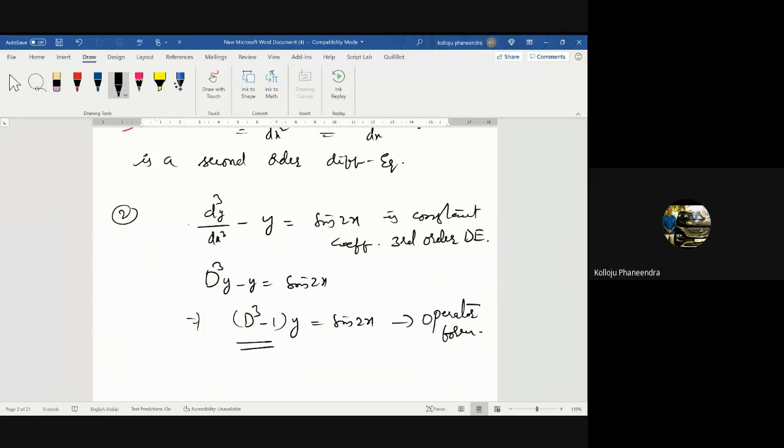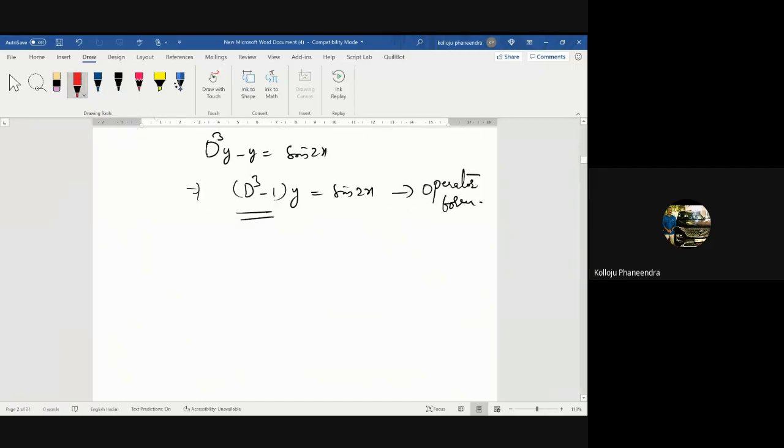Now, the next point is, for an nth order differential equation, there exist n solutions. That means for a third order differential equation, there exist 3 solutions.